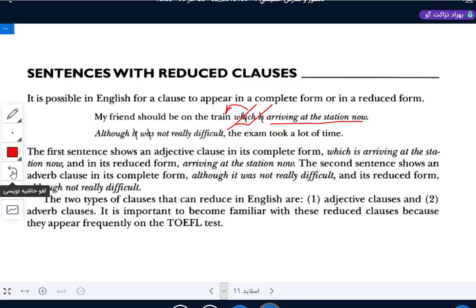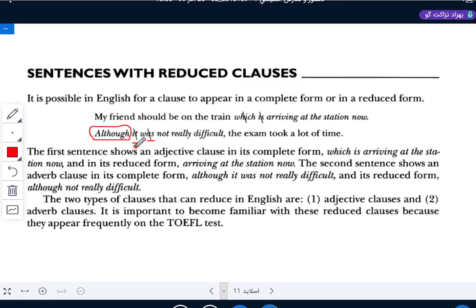If you look at the next one, we have although. Go on, please. Although it was not really difficult, the exam took a lot of time. Well, what kind of clause is it? It's an adverb clause. Very good. Adverbial clause, and this is a subordinate clause connector, although, which shows the contrast. And we have the subject and the verb.